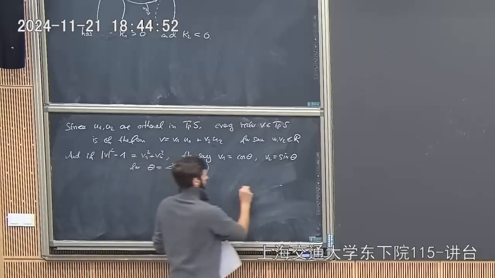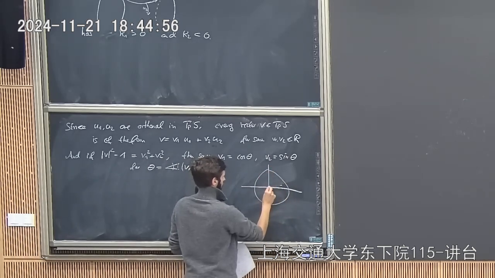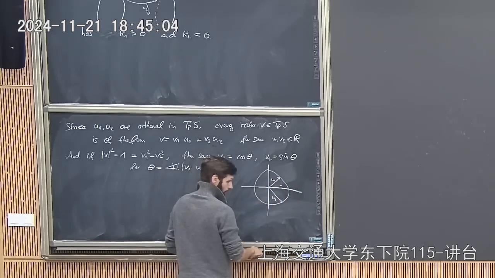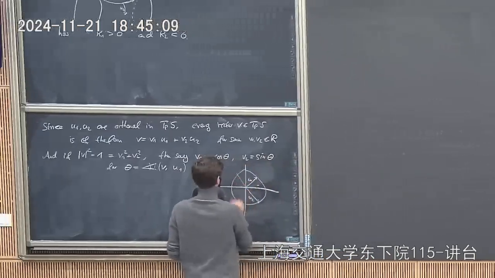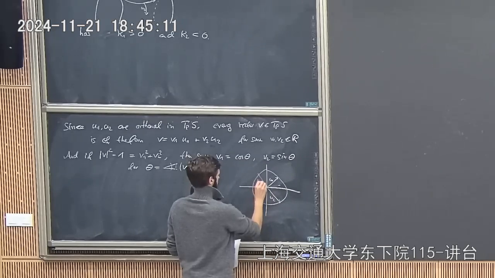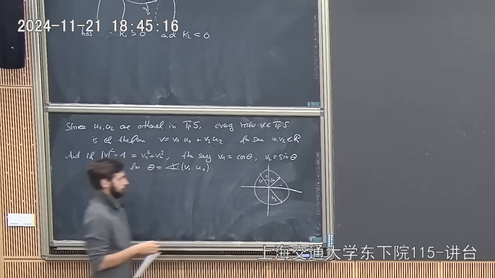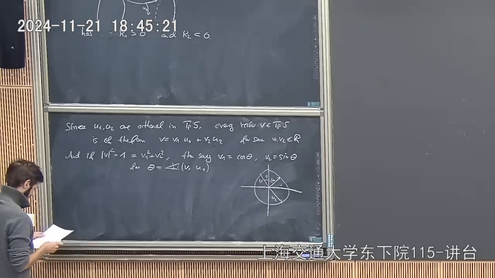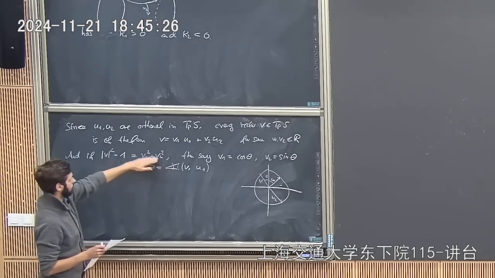So we have U1 here, U2 here, and if you have a different vector V, then this one is given by some rotation by some angle of U1. Okay, so now we know how every vector looks like.